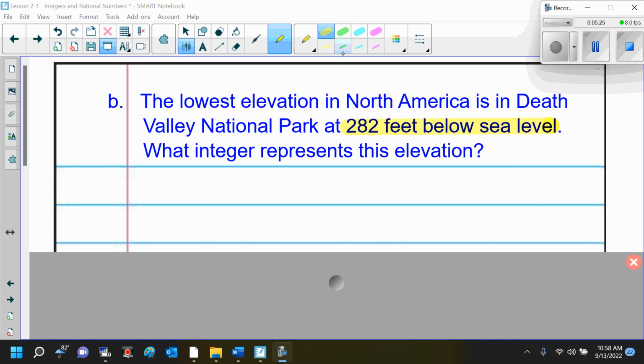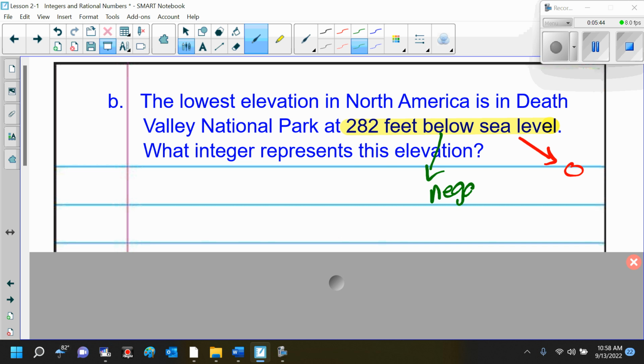Sea level, let's make sure we note this. Sea level on the number line is 0. Okay? This is below the sea level, right? So is that going to be a positive or a negative? Negative. That's going to be a negative. Okay? And the important number, of course, is 282. This is what I want you to have written in your notebook.